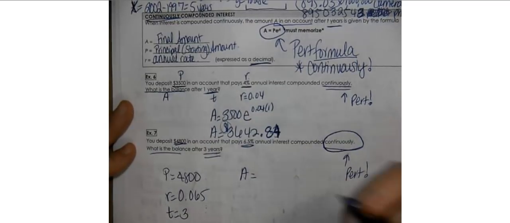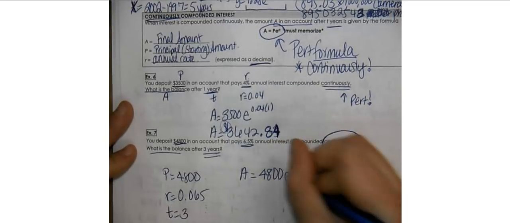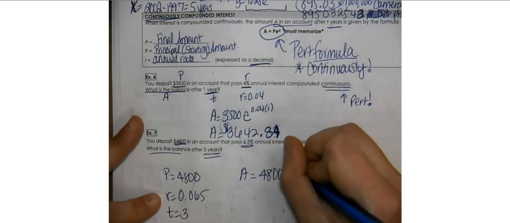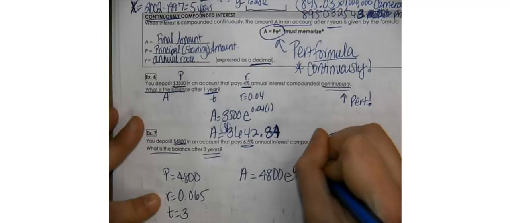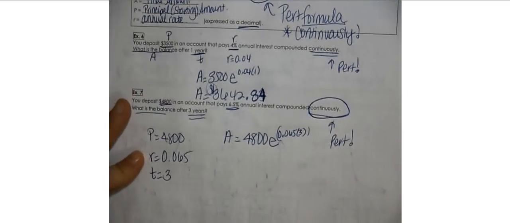So A equals my principal, which is 4,800, times E to the RT power, so 0.065 times 3 power. And I would put that into your calculator exactly as you see it.